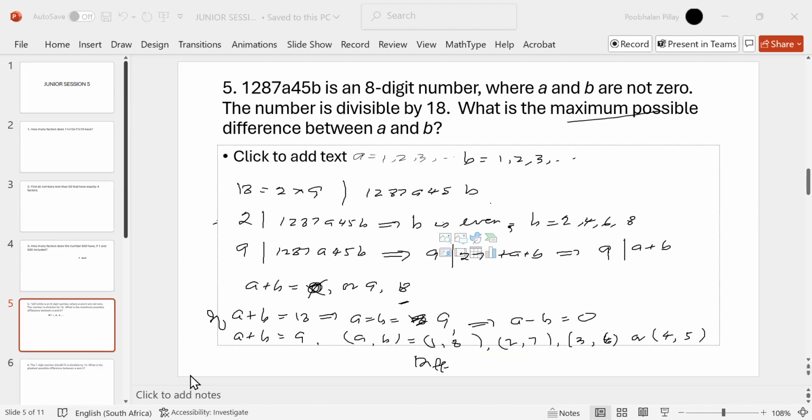You can work out the maximum difference. You can write it down straight away. Max diff. The difference between A and B is 7 here. Here it's 5. Here it's 3. Here it's 1. So the largest difference is 7.